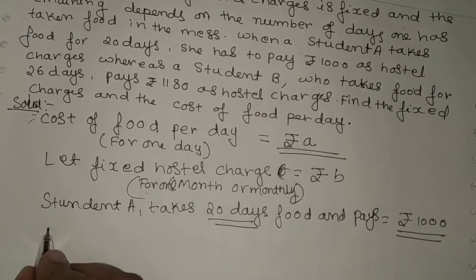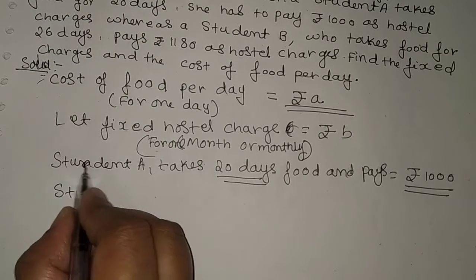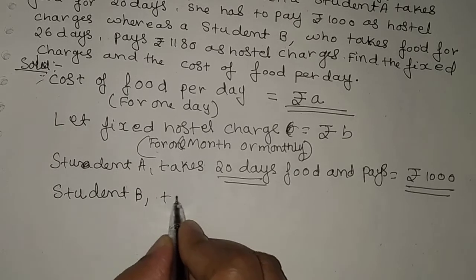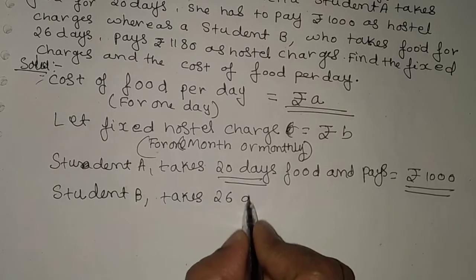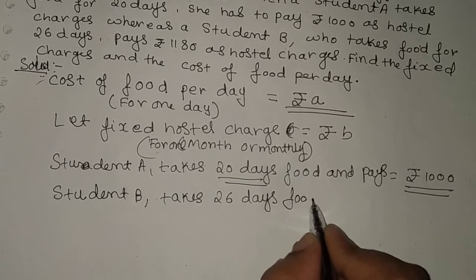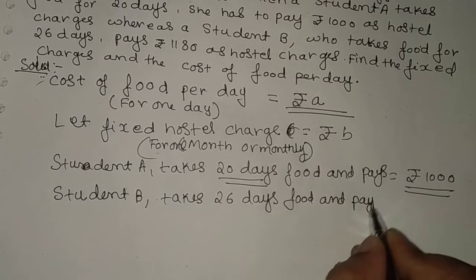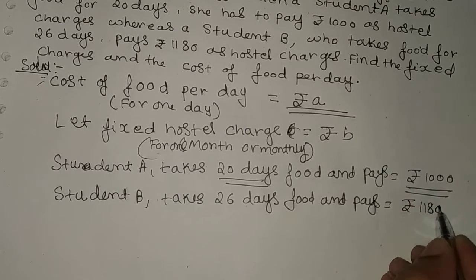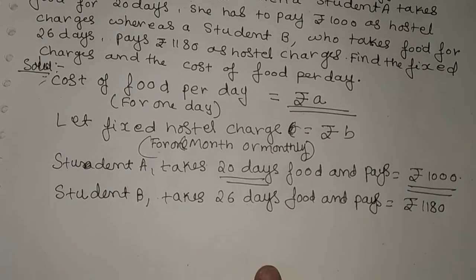Okay, next is student B. Student B takes for how many days? That is 26 days. 26 days food and pays how much? Rupees 1180. So keep this.